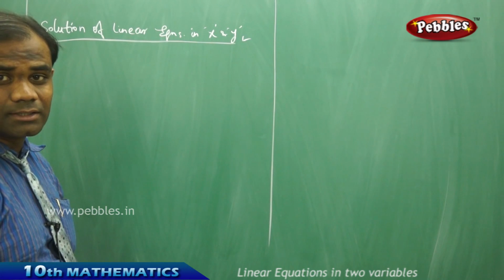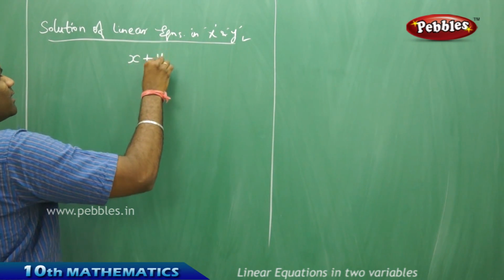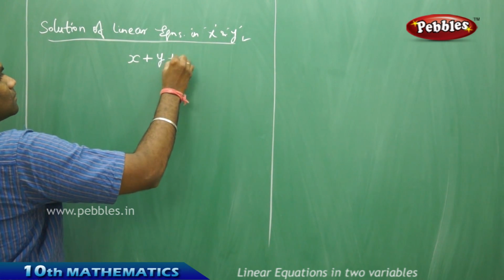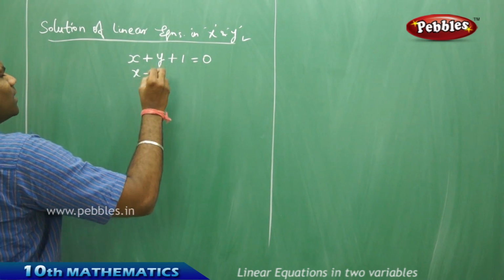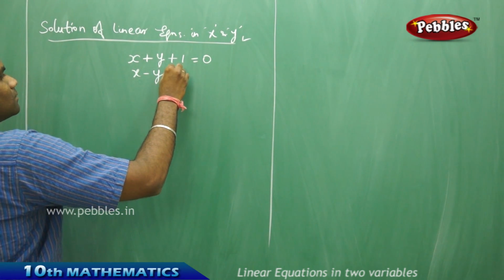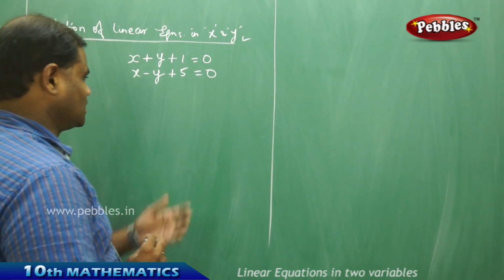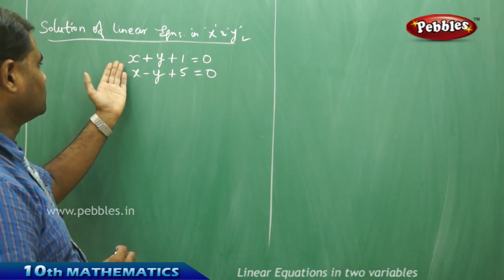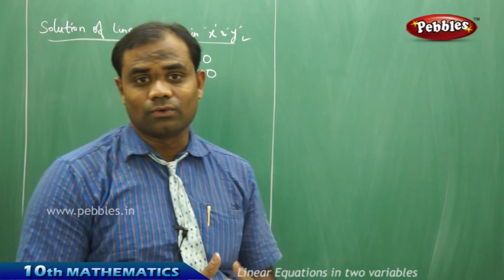Now let me take two referred examples, say x plus y plus 1 equal to 0 and x minus y plus 5 equal to 0. These are the two linear equations which I have here. One is x plus y plus 1 equal to 0 and x minus y plus 5 equal to 0.